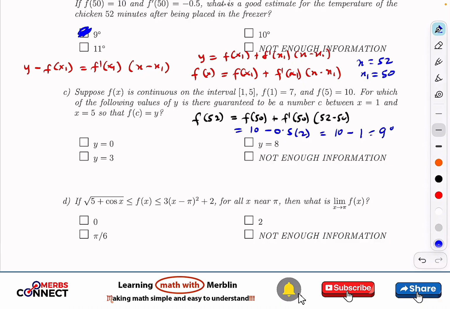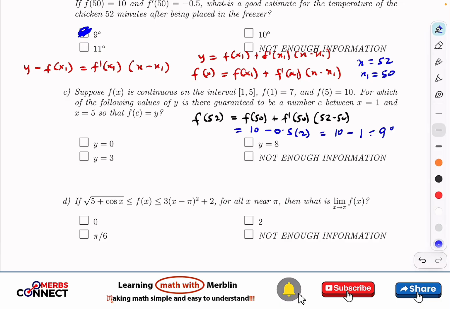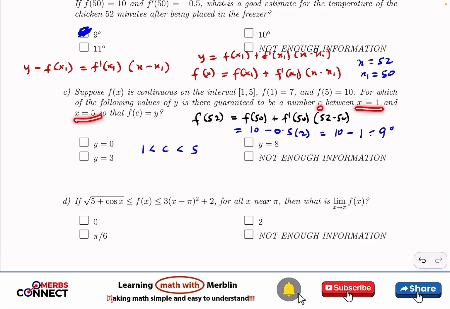As soon as I find out that this is the intermediate value theorem, now what is the intermediate value theorem? Remember, I can choose c here. c is between 1 and 5. So this is the best way to see this. So this c here is between 1 and 5.